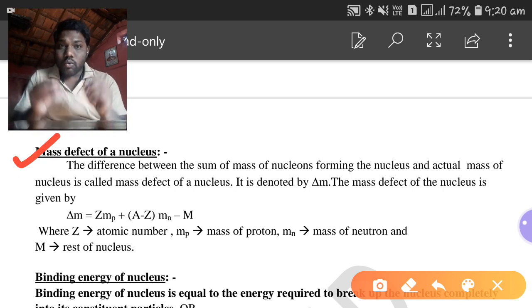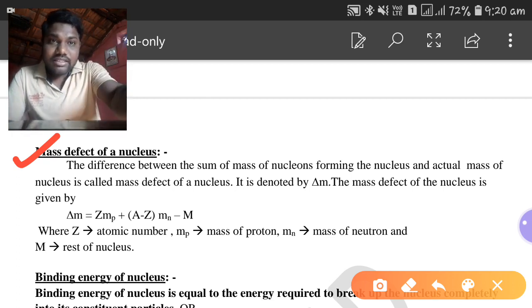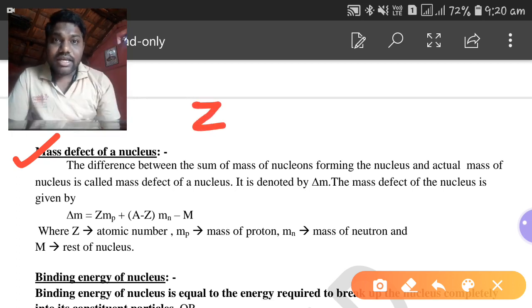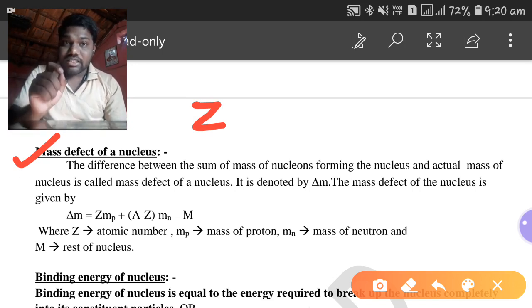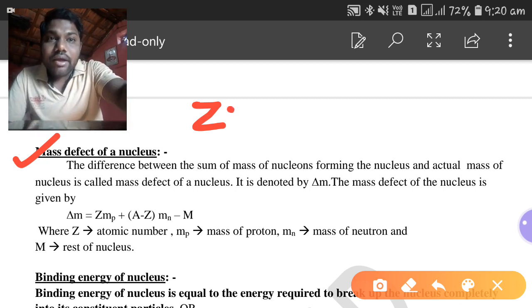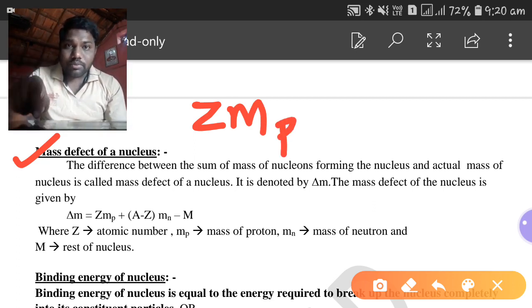What is the formula for nuclear mass? We have already discussed it. Z, the atomic number, is the number of protons present inside the nucleus, multiplied by Mp, the mass of an individual proton.